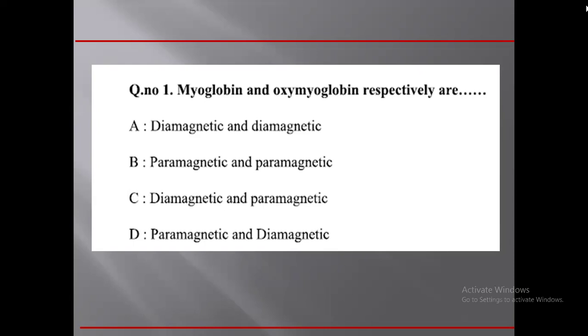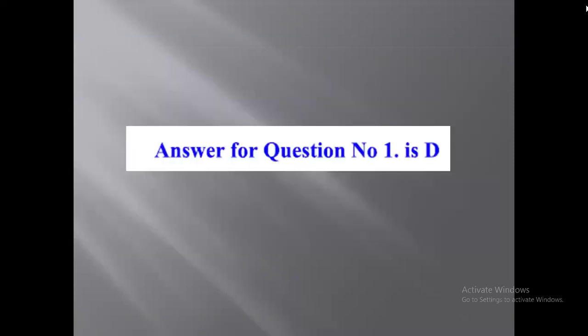And if paired electrons are there, that compound is diamagnetic. In question number 1, the answer is D. Why? Myoglobin contains 4 unpaired electrons and oxymyoglobin contains no unpaired electrons. If an unpaired electron is there, that is paramagnetic. If there is no unpaired electron, that is diamagnetic.